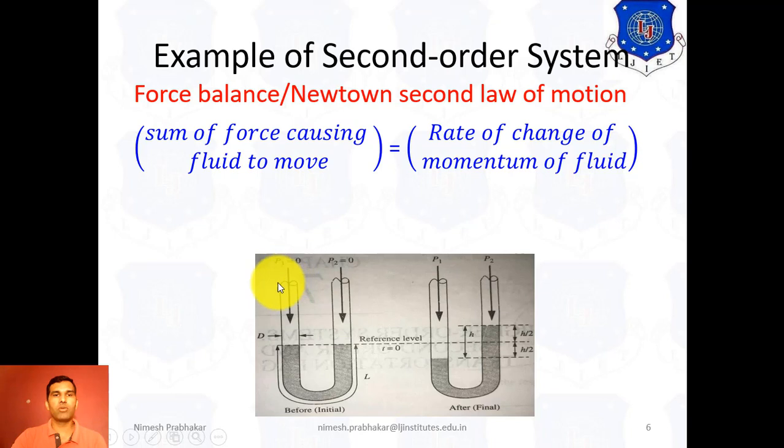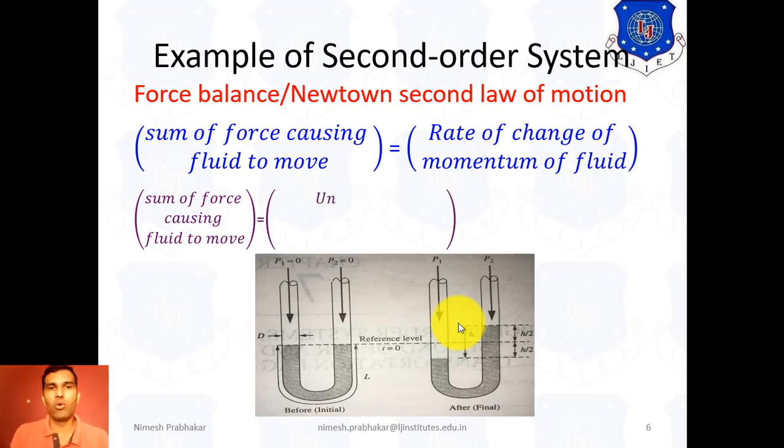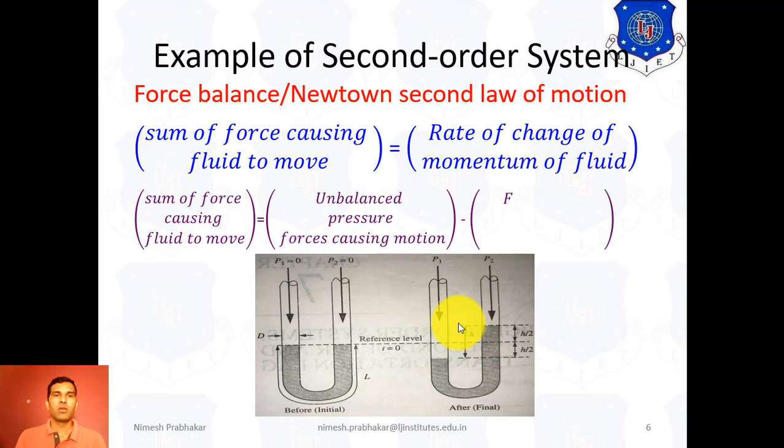That means due to that force, the change in momentum makes this fluid move from this side to this side. This is equal to the same, and we can write the sum of force causing fluid to move is equal to unbalanced pressure force causing motion minus frictional force opposing motion.